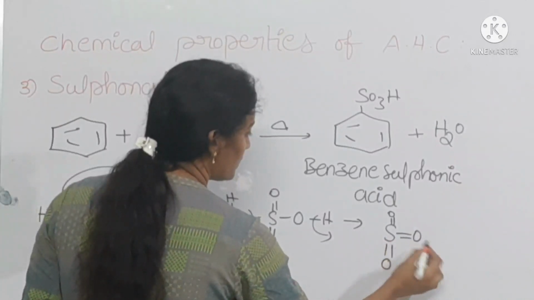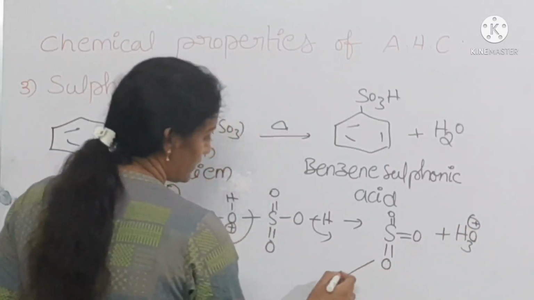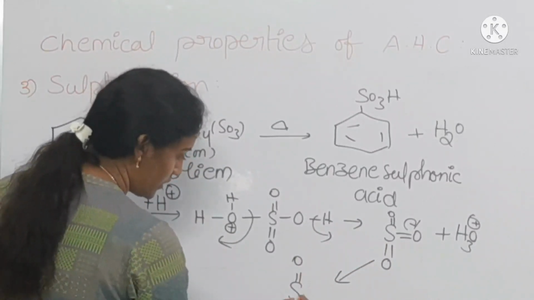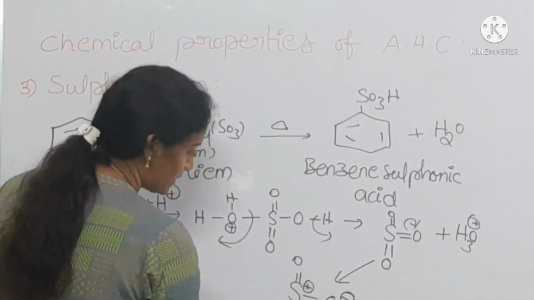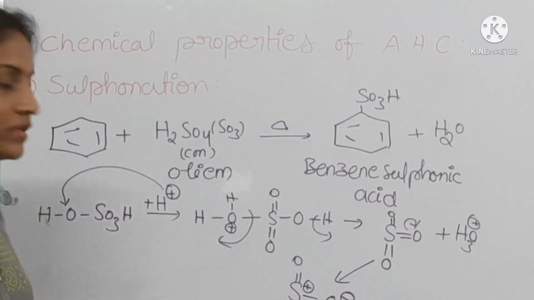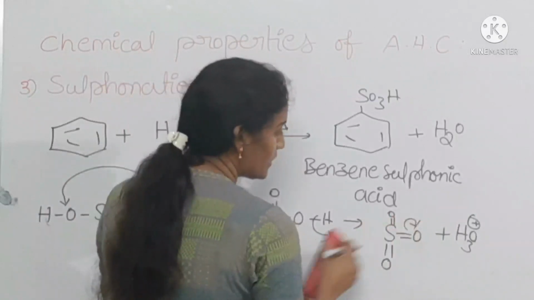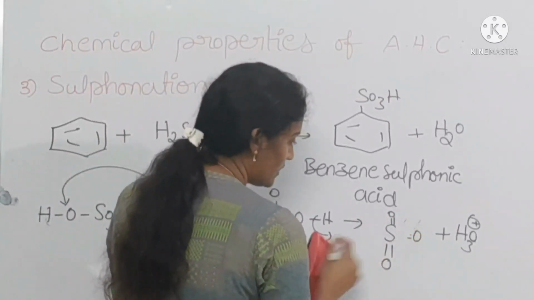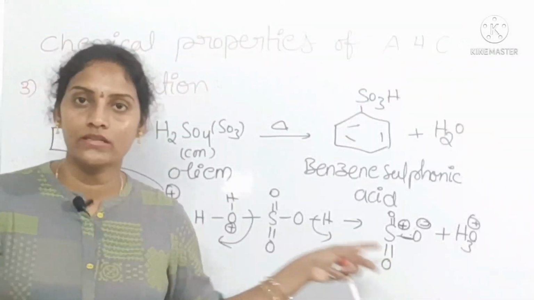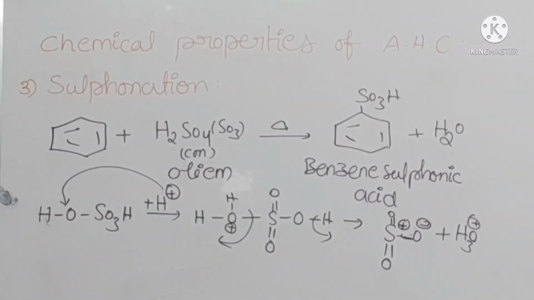Then this SO3 will act as an electrophile. The double bond shifts towards oxygen, giving S plus and O minus. This acts as an electrophile, and it will attack the benzene ring. This is about sulfonation.